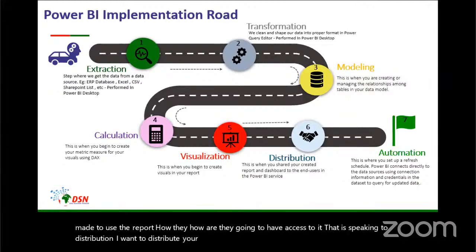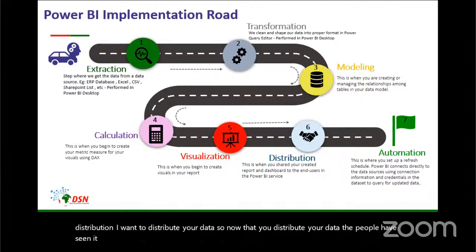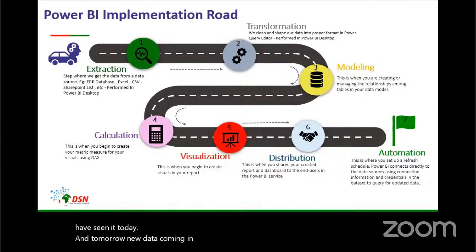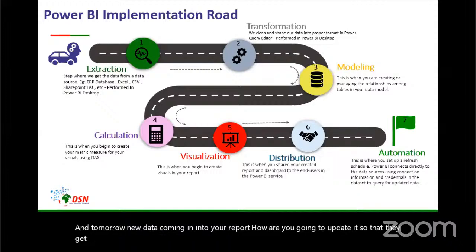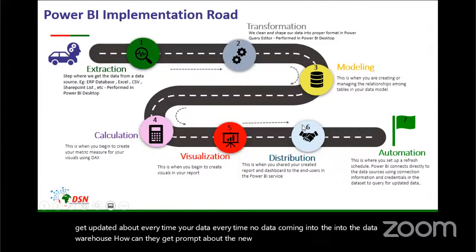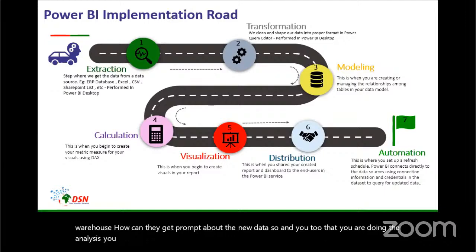Now that you have distributed your data, the people have seen it today, and tomorrow new data is coming into your report. How are you going to update it so that they get updated every time new data comes into the data warehouse? How can they get prompts about the new data? And you too, who are doing the analysis, you cannot be going to the data all the time.